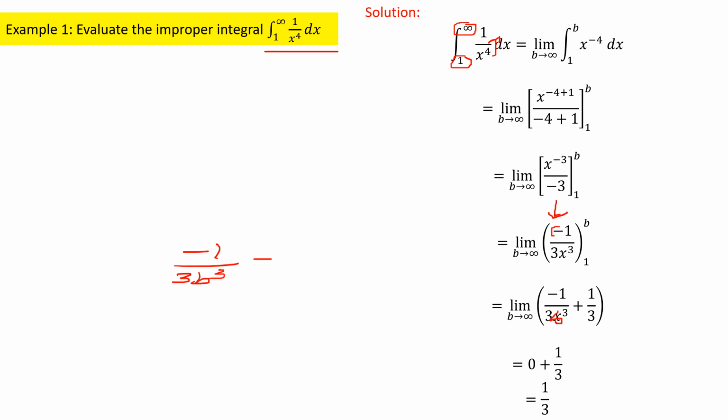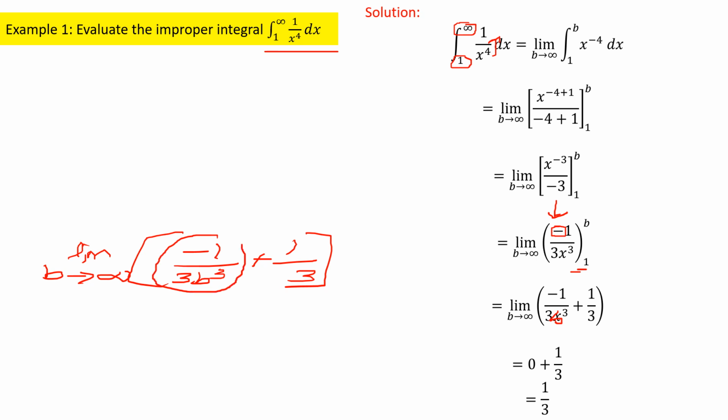There is a minus in the problem, so it will be plus 1 over, in place of x, if I substitute 1, I will get 1 over 3. So in this, I have to apply the limit b approaches infinity. When you apply infinity, this term will become 0. So I am left with only 1 by 3. So the final answer is 1 over 3.